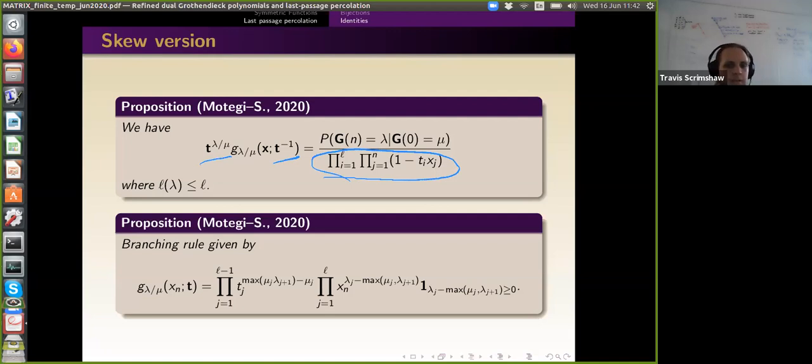What do you get? You can show that it's precisely given by this formula. And then from there, you just use the fact that a reverse plane partition is just given by starting with the ones and then the twos and then the threes in all possible chains of partitions given by inclusion.